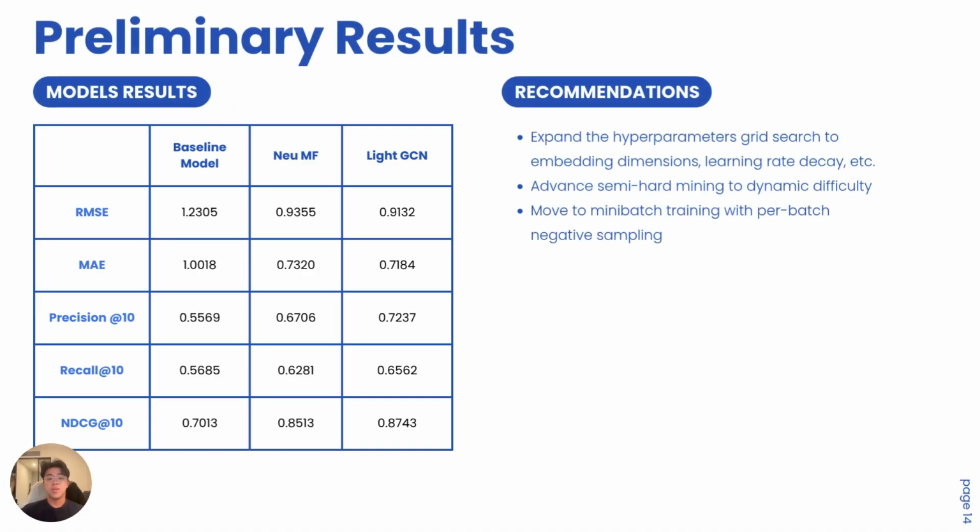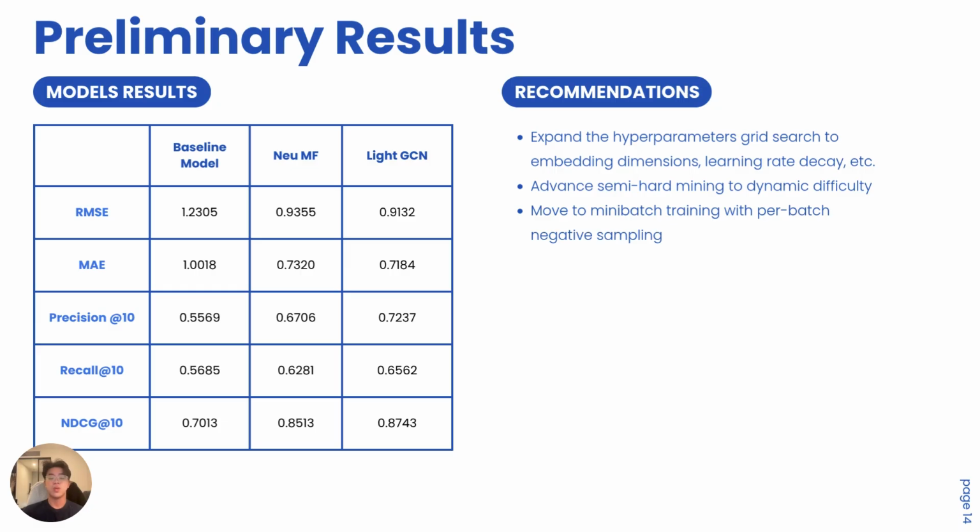So let's talk about our preliminary results. From the model results, we can see that RMSE and MAE give significant improvements from 1.2 to 0.9, meaning that between our true ratings and predicted ratings, there are smaller gaps now. As for precision at 10 and recall at 10, even though it does not seem like there is a big shift, it actually signifies a big improvement in the relevance of what is recommended to users.